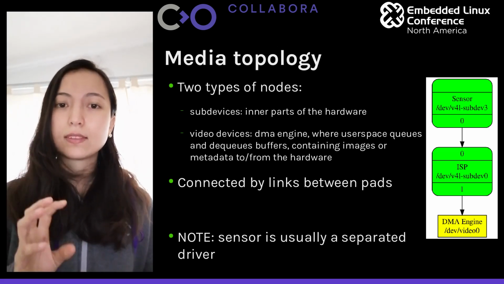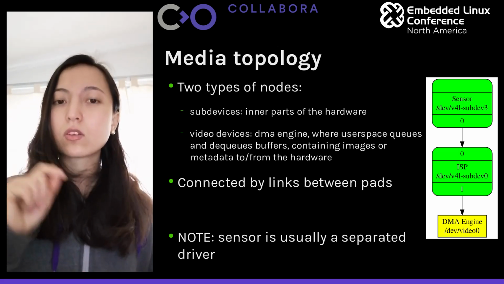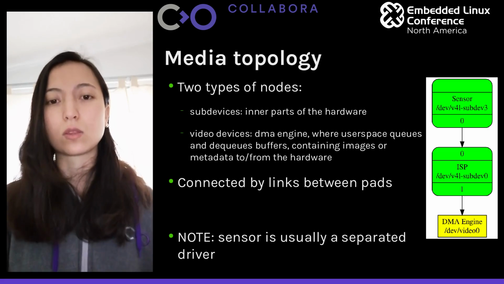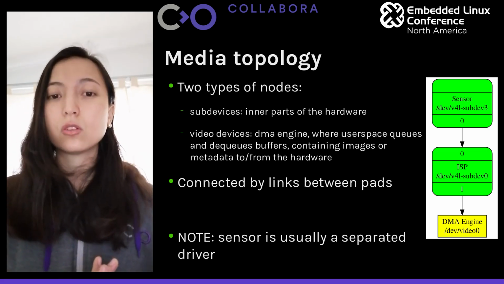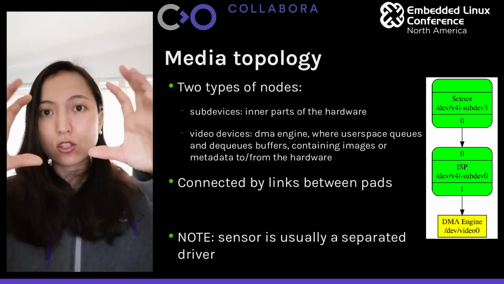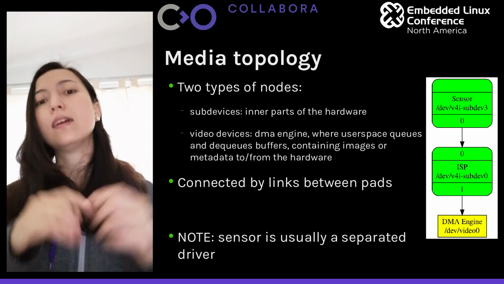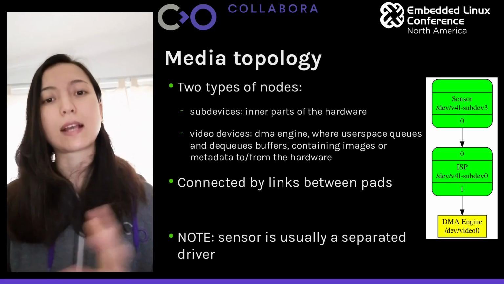Those blocks are connected by what we call links, and links always connect pads. So those zeros and ones in the image are what we call pads. Something interesting to note is that usually the sensor block is a driver that is separate from the rest. This is because we can reuse the same sensor with different kinds of hardware.